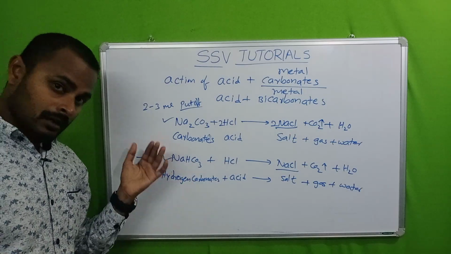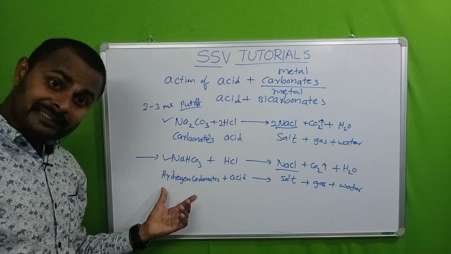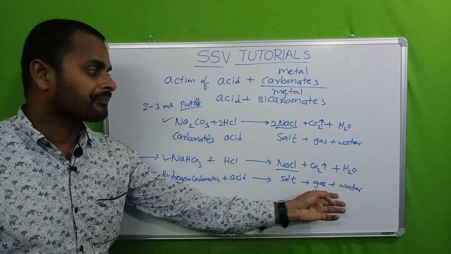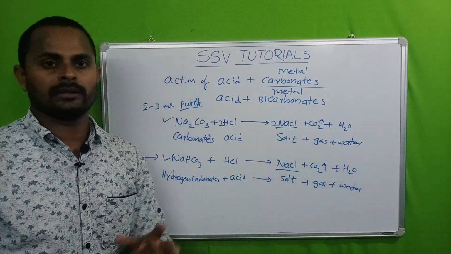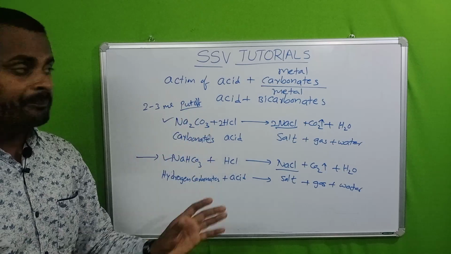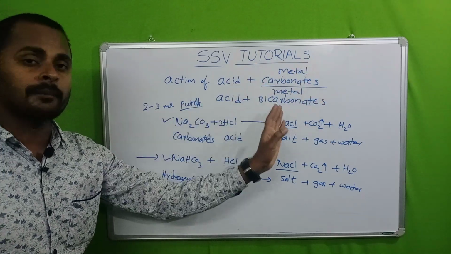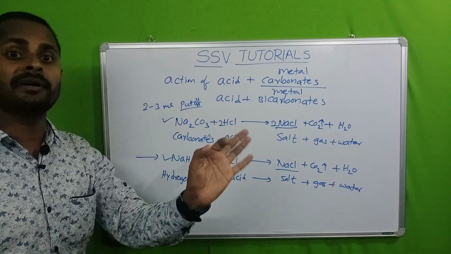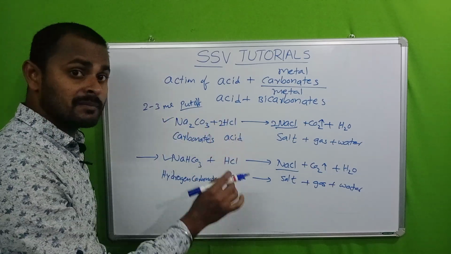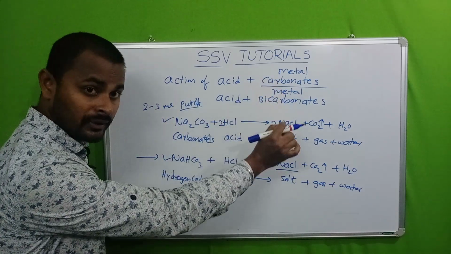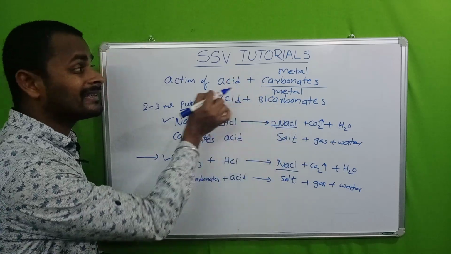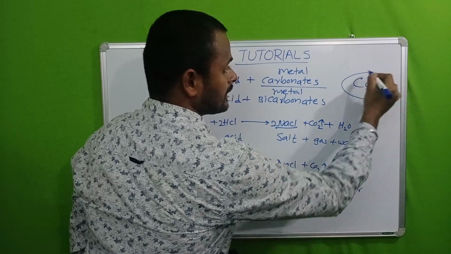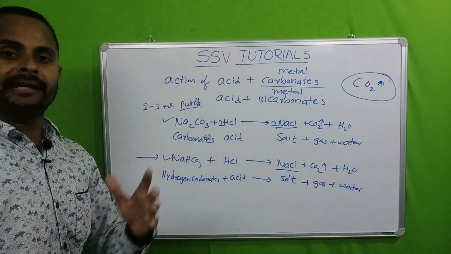When an acid reacts with metal hydrogen carbonates or metal bicarbonates, it forms salt, carbon dioxide gas and water. The very important thing is, when metal carbonates or metal bicarbonates react with acid, which gas is liberated? The liberated gas is carbon dioxide gas. It is very important.